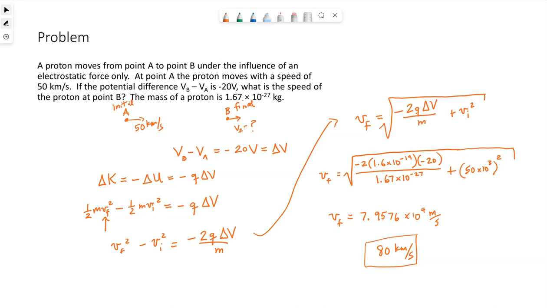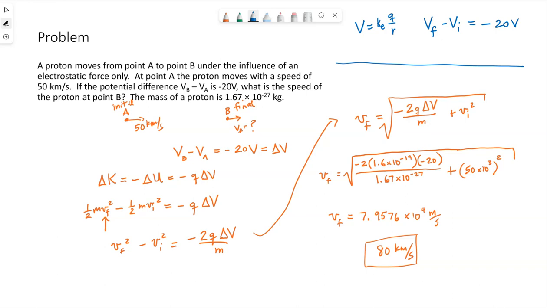So we don't have an equation for a constant electric field, but just to make sense of this, we know for a point charge, the electric potential would be kq over r. So this proton moves through a potential difference that's negative: V final minus V initial is negative 20.